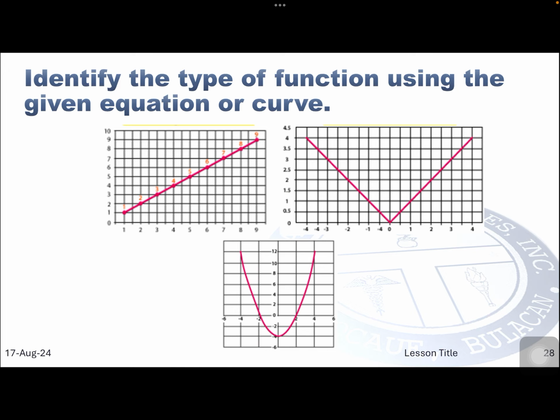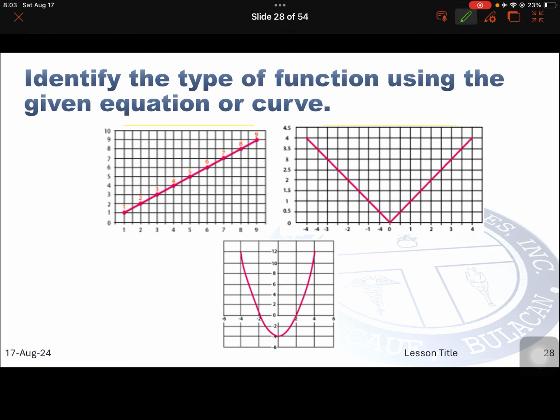Next, we have to identify again the type of function using the given curve. So for number 1, obviously this is called a linear function because it forms a line in the graph or in the Cartesian plane. Linear.